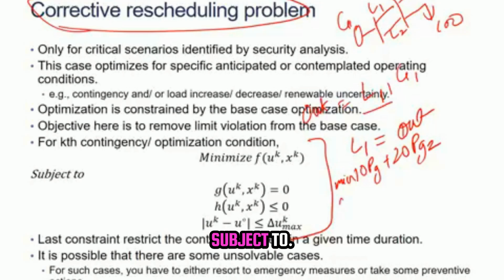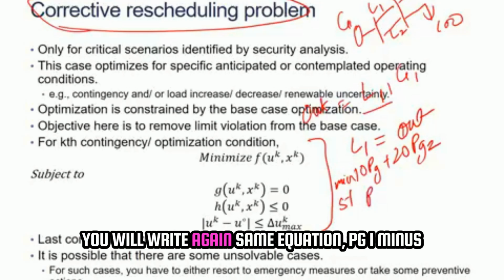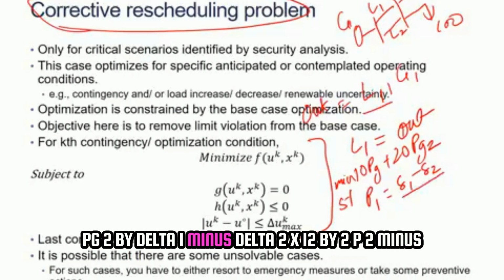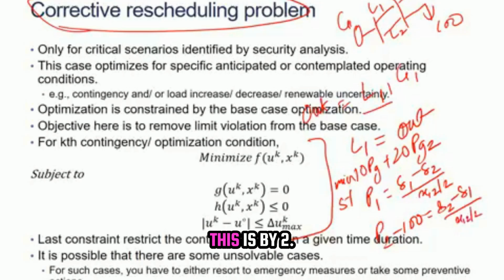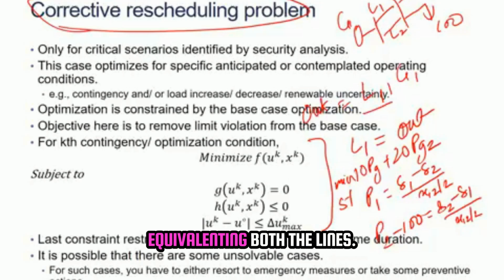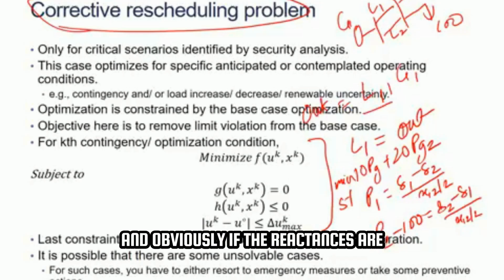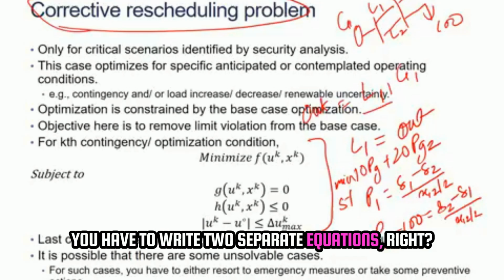subject to the same equations: pg1 minus p2 equals delta 1 minus delta 2 by x12 by 2, and p2 minus 100 equals delta 2 minus delta 1 by x12 by 2. I'm writing by 2 because I'm treating both lines as equivalent; if the reactances are different, then you cannot do this and you have to write two separate equations.